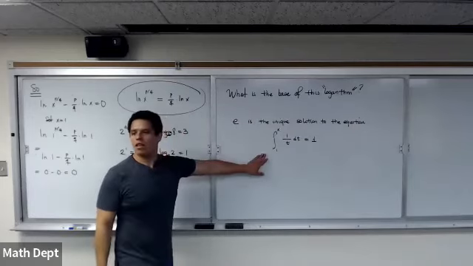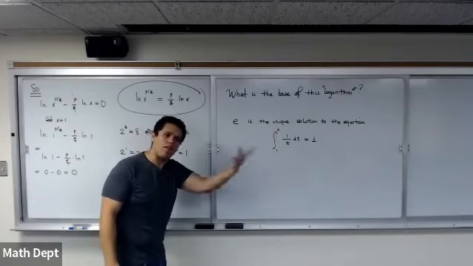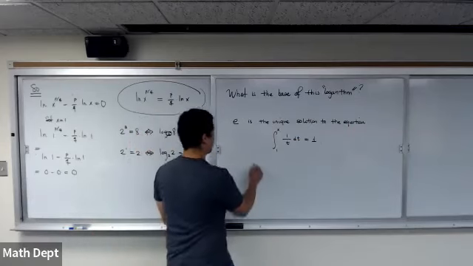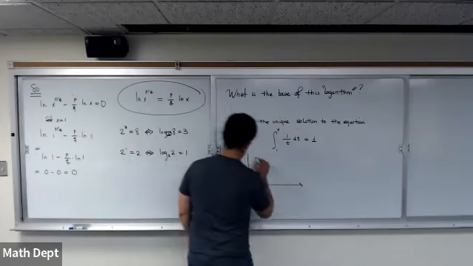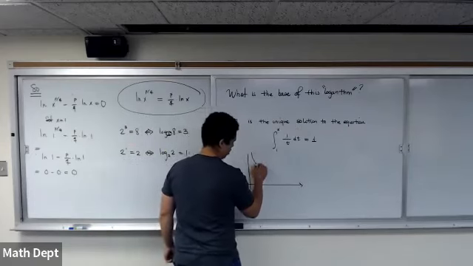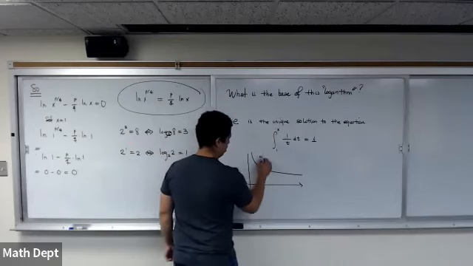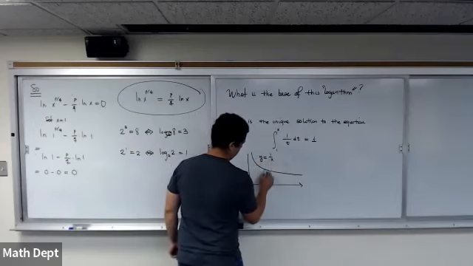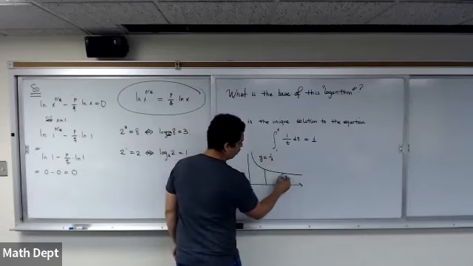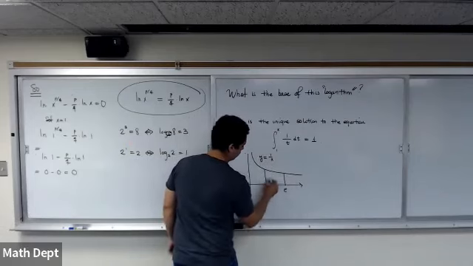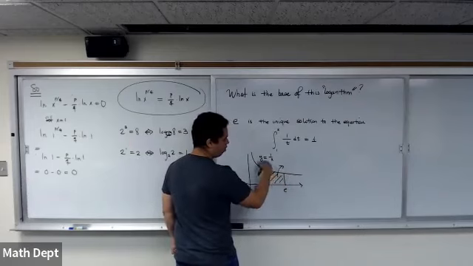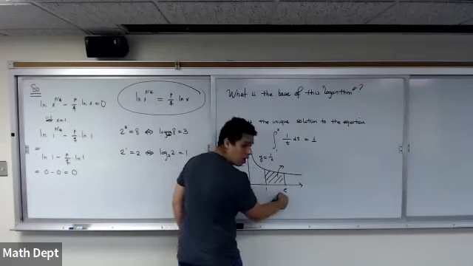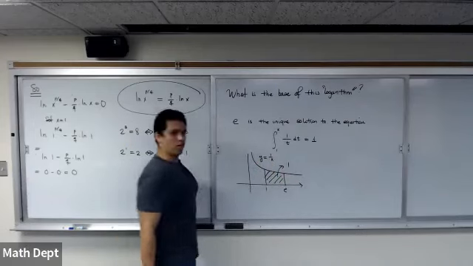If you want to think of this in graphical, geometrical terms, you would say that e is the unique number for which the area beneath the curve y equals 1 over x from 1 to that number is 1.